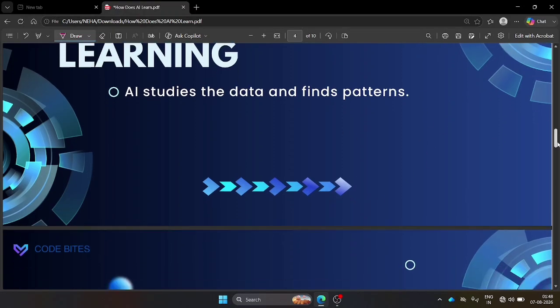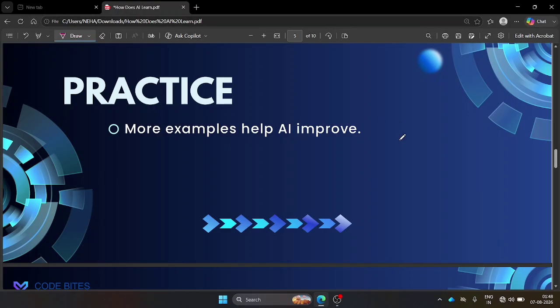The second one is learning and the third one is practice. The more examples AI sees, the better it becomes, right? Just like you improve by practicing, like if you practice maths daily you can easily solve any problem.